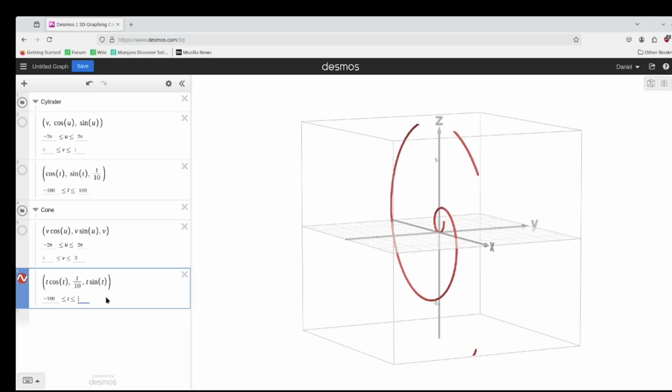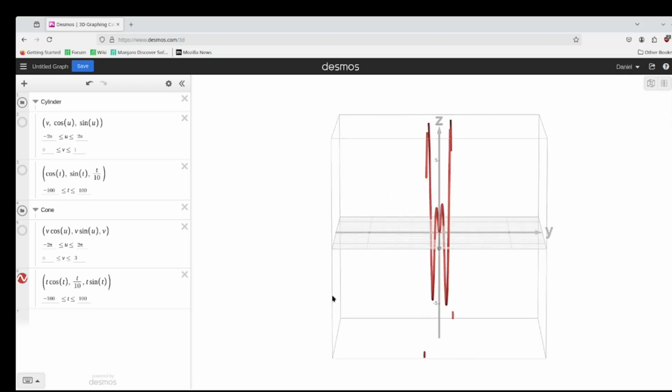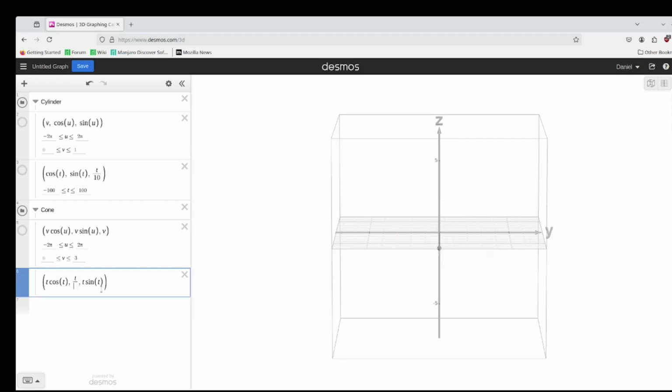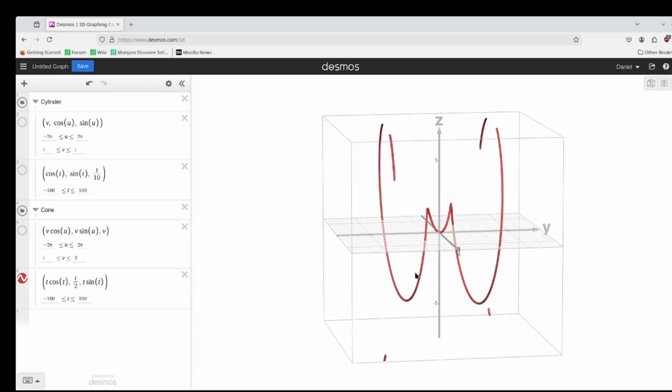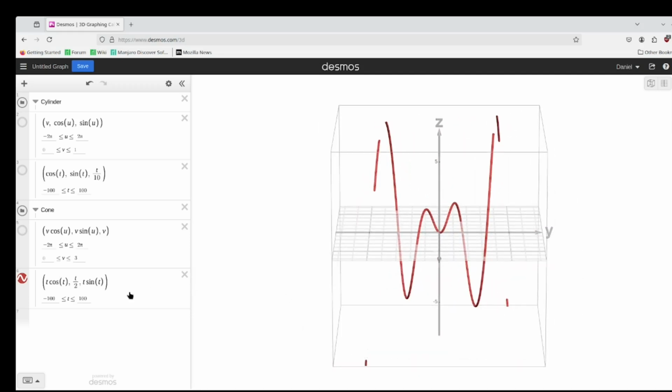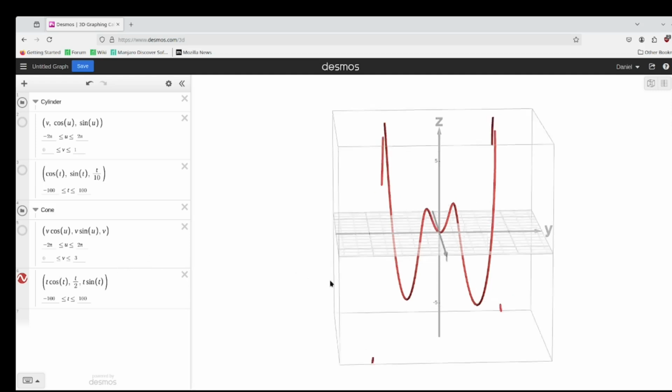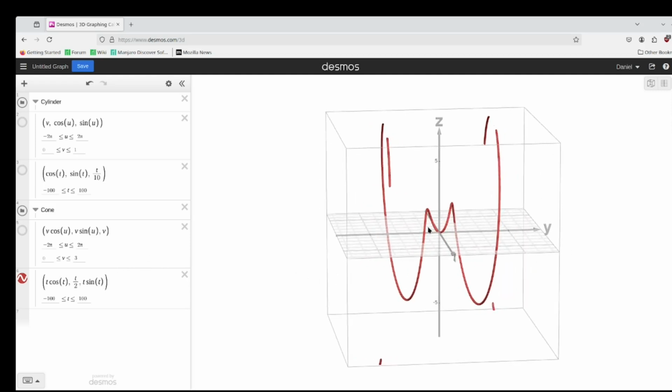So let's do that. That looks very ugly. Actually, in this case, if you went forwards and backwards, your cone would actually get you the two cones pointing at each other.